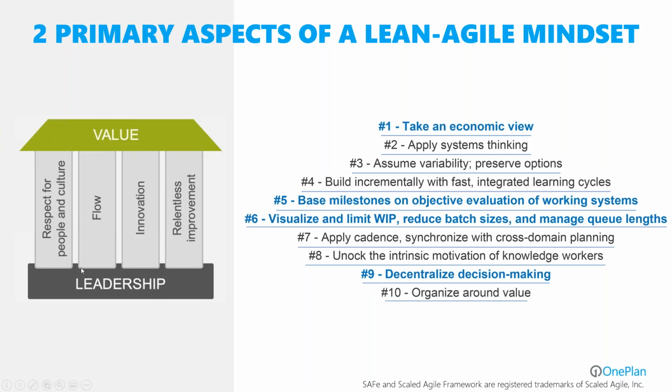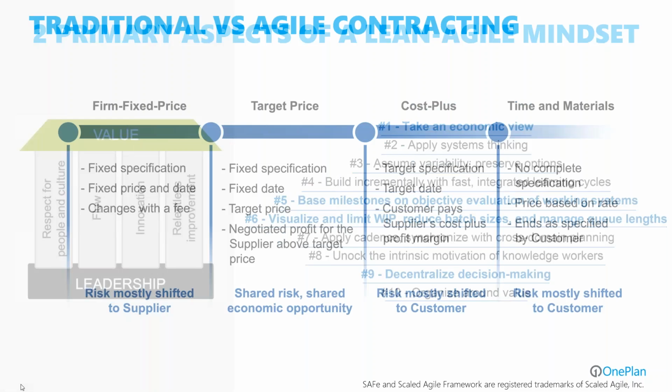And the nice thing about the picture on the left is, look at this, you've got leadership at the bottom supporting everything as opposed to on the top. So the role of leadership is to underpin some of these cultural improvements. And the thing that really matters the most is the value you're delivering for customers.